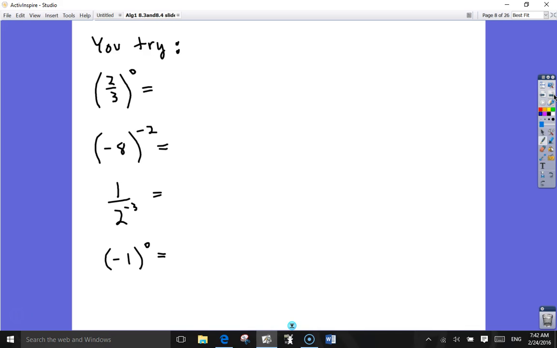Okay, try these 4. So what's the first one? 1, right? How about the next one? 1 over 64, right? The first step would be 1 over negative 8 to the positive 2, and then what is that?